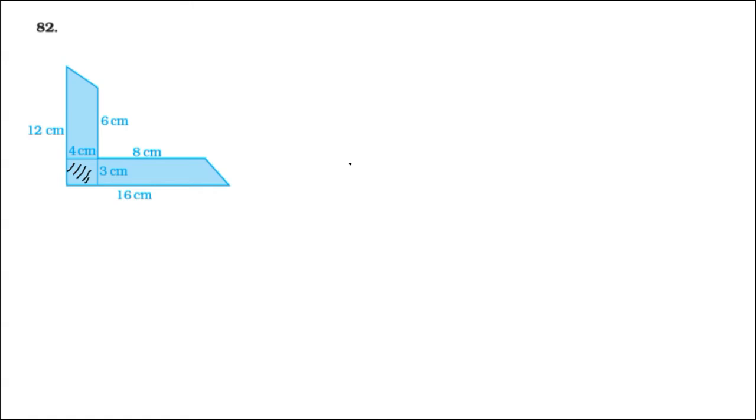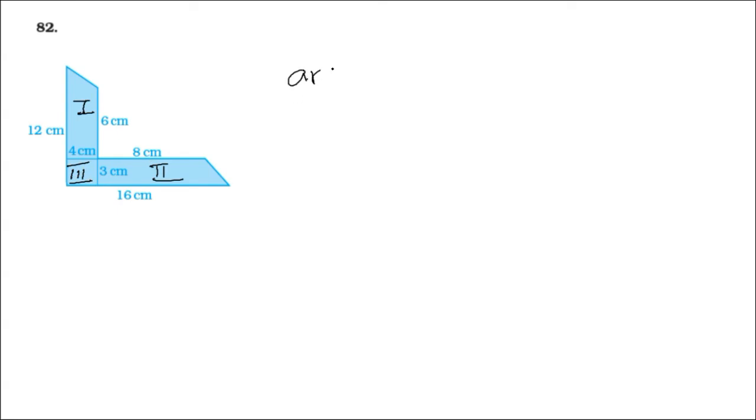Area of trapezium, how do we find? So let me mark these three parts with the letters 1, 2 and 3 respectively. This is first part, second part, and part 3.